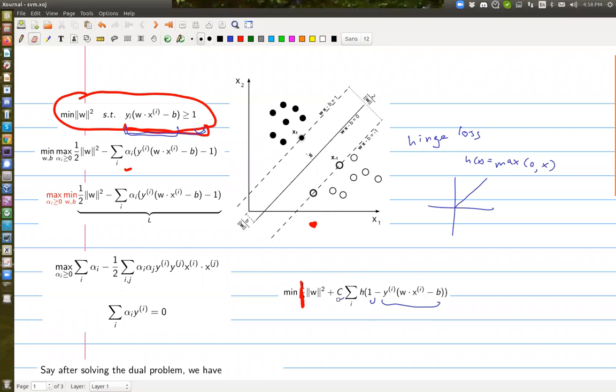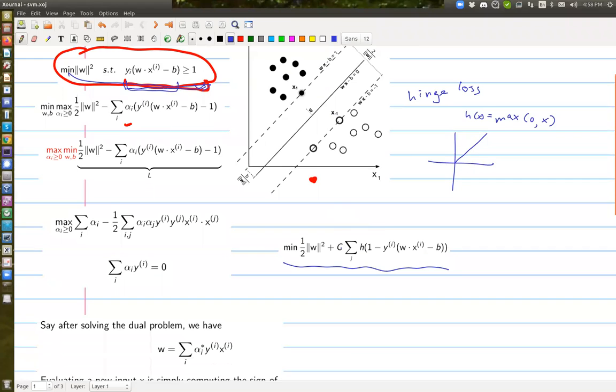So instead of solving the hard constraint equation, we will solve for the soft constraint here. And we can again use a Lagrange multiplier.